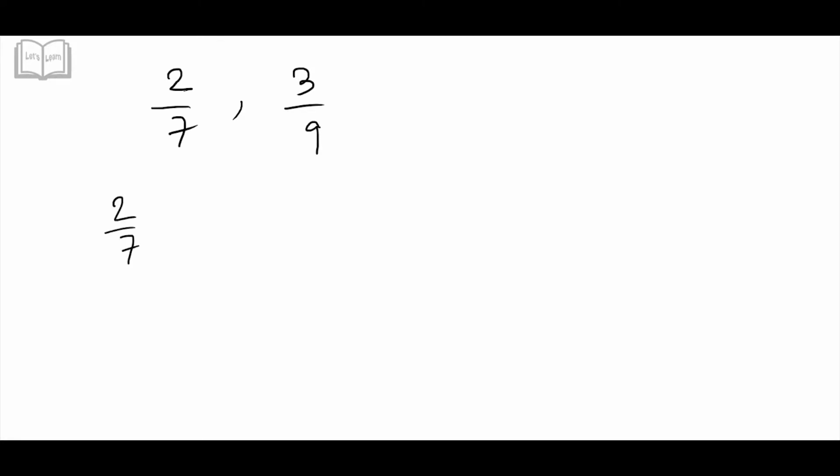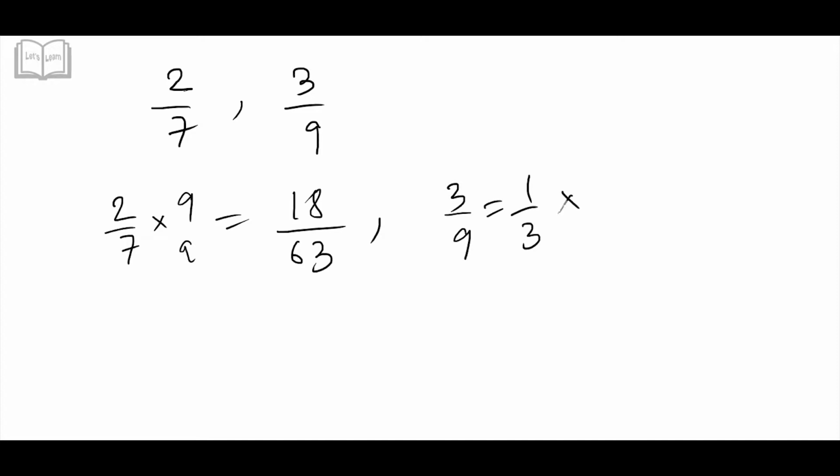How do you do that? 2 by 7, I can multiply by 9 on both sides, so I'll get 18 by 63. And 3 by 9, which is 1 by 3, if I multiply by 21 on both sides, I will get 21 by 63.